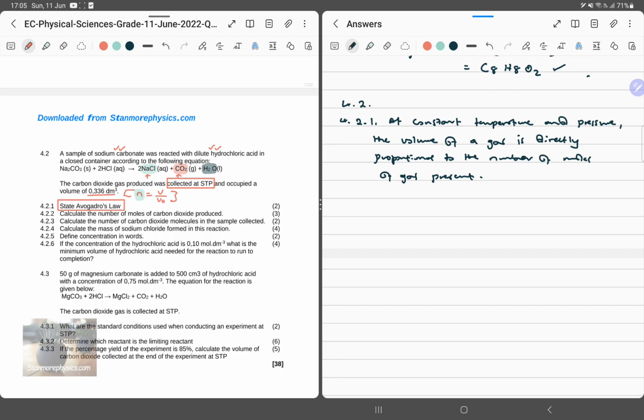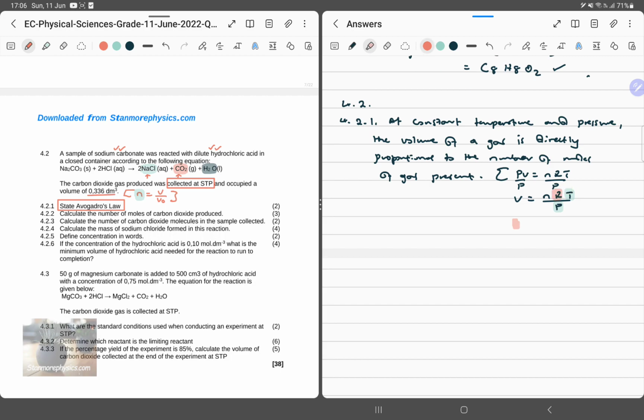So technically, this is how we got our general gas equation. If you forget this, think of PV equals nRT. If you divide by P, you will end up with V equals nRT over P. Now, we can see that R and T at STP are constant. This is the general gas constant.